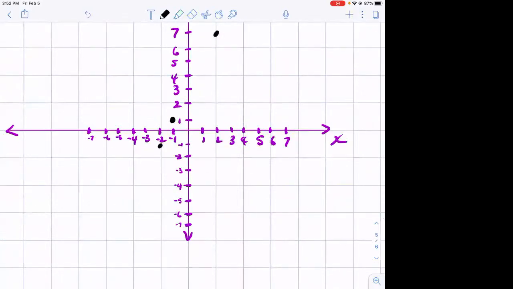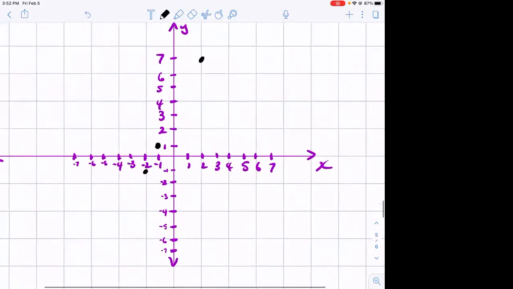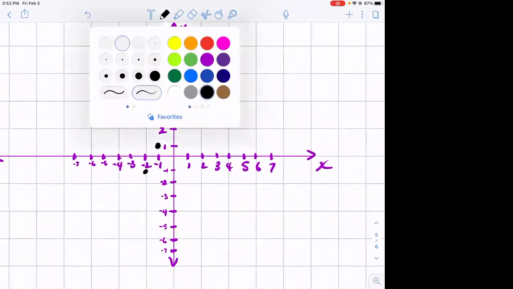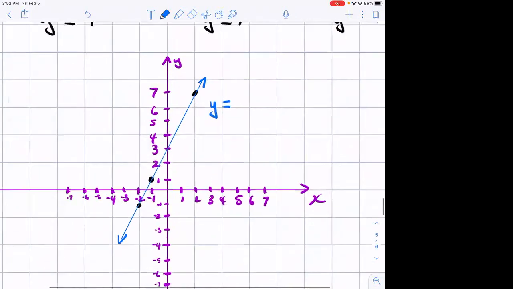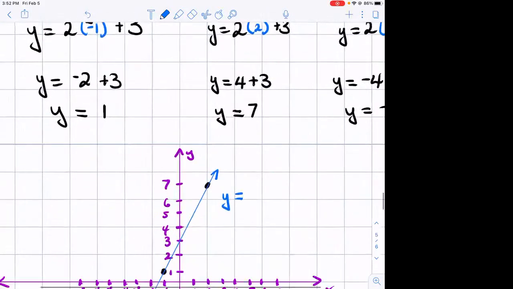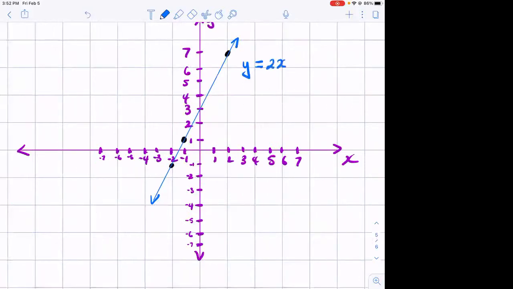This is here. Now, if we connect those 3 points, our graph should be close to correct. This is the equation of the line y equals 2x plus 3. And we have just graphed our equation.